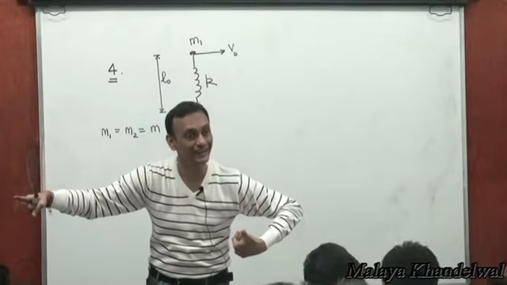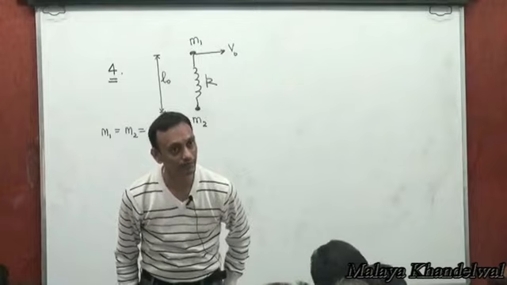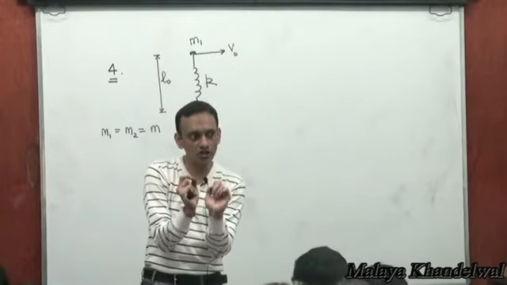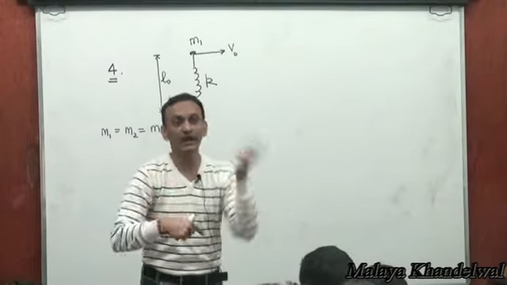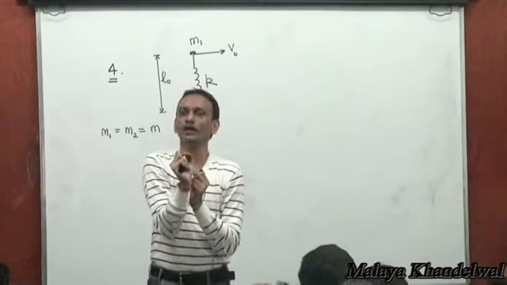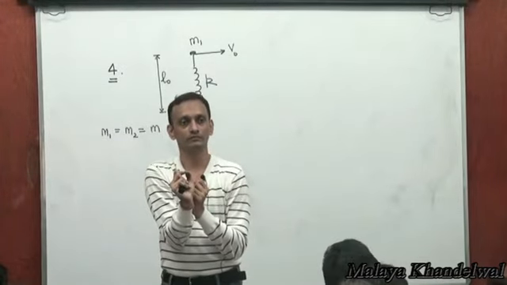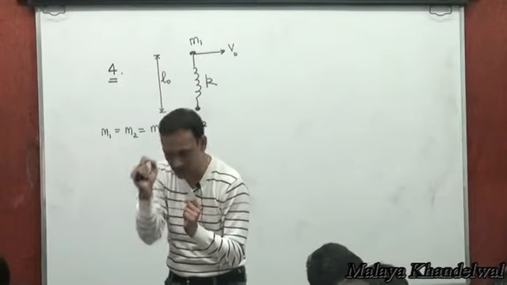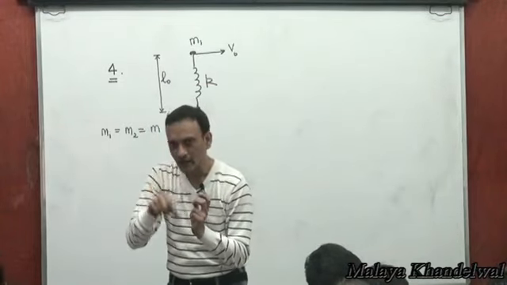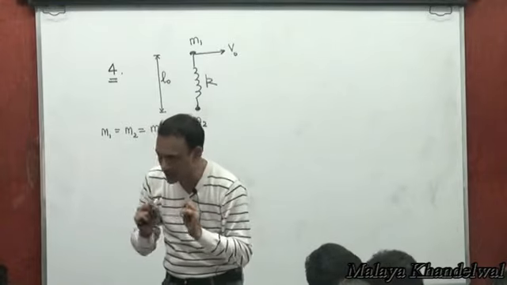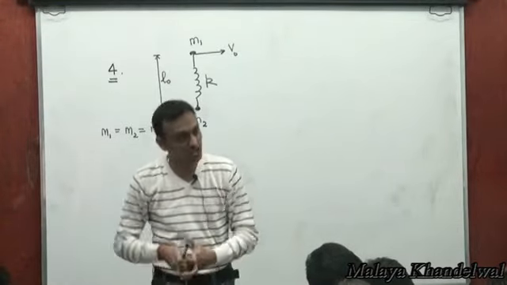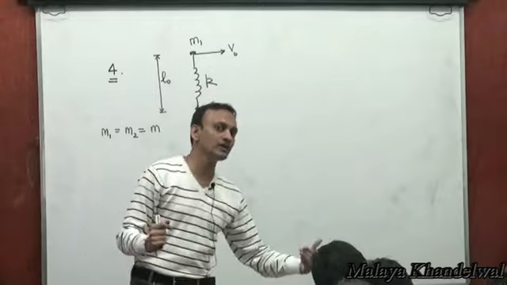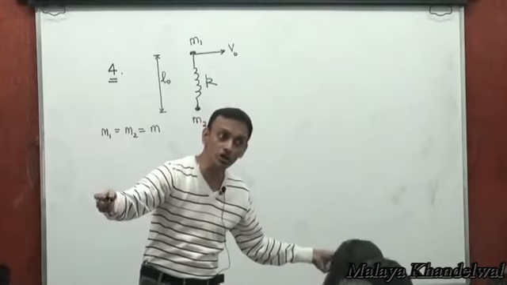You know what I'm saying? When the relative velocity of m1 with respect to m2 finally again becomes perpendicular to the length of the spring, that means the relative velocity of the two masses has no component along the length of the spring. The spring will then cease to elongate and would have reached a state of largest elongation.